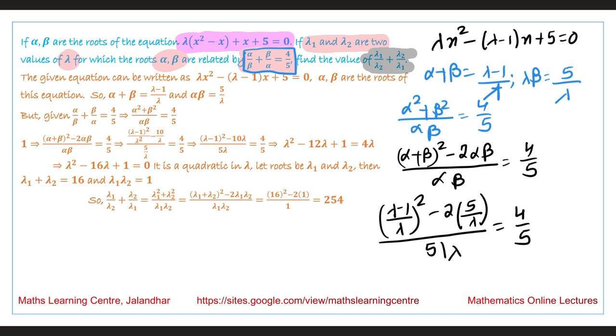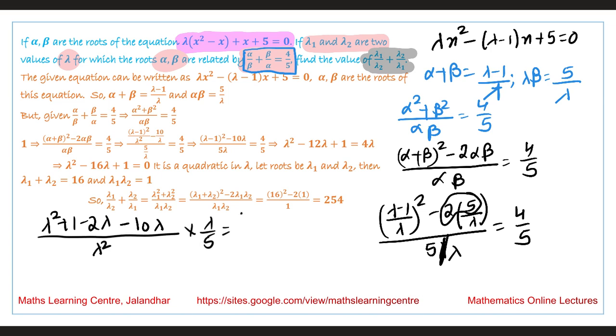So if we try to simplify these values, we obtain (λ² + 1 − 2λ − 10λ) divided by the LCM, which is λ²·(λ/5), equal to 4/5. So this 5 gets cancelled, one of these λ gets cancelled.